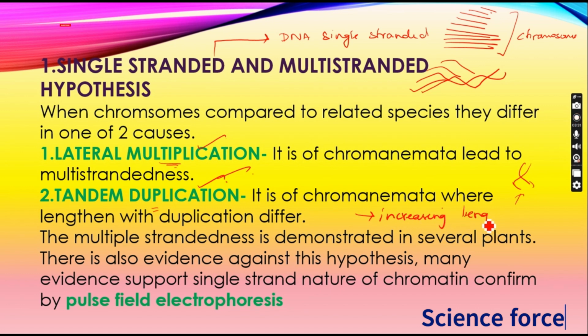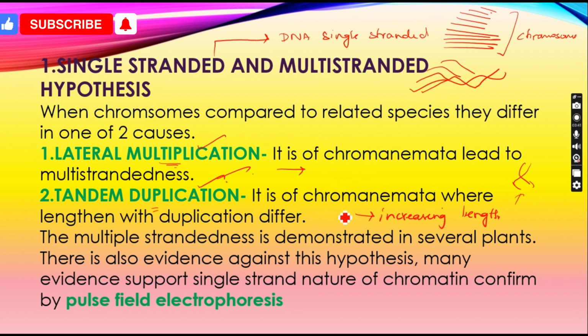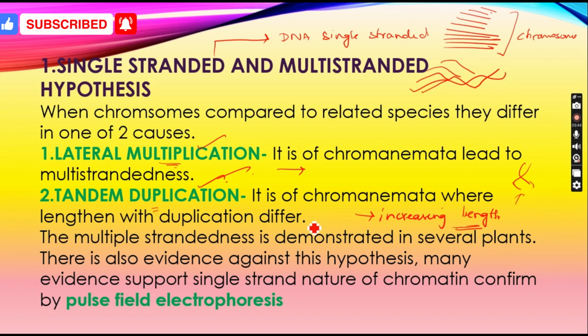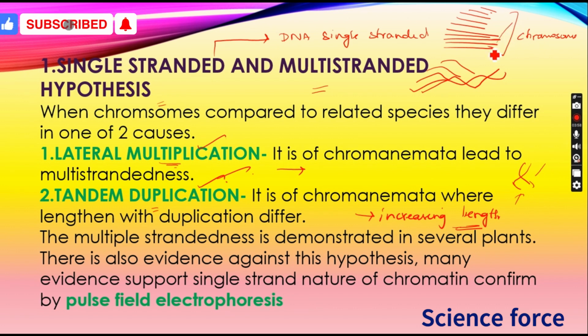In lateral multiplication, only the sides increase, but in tandem duplication, the length increases. These are the two proposed models in the multi-stranded hypothesis. That means multiple strands of DNA are made, and this makes a chromosome. This multi-strandedness is made by lateral multiplication or by tandem duplication.